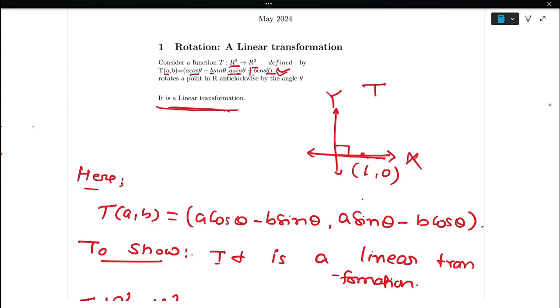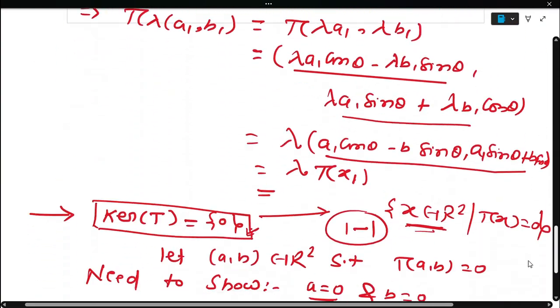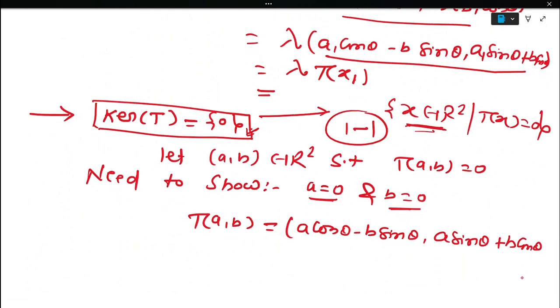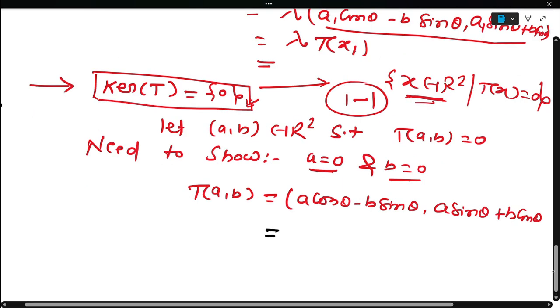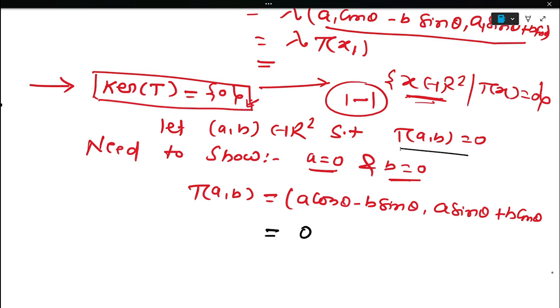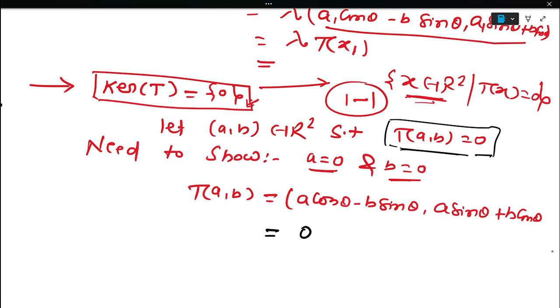Okay, by the assumption we have taken that T of (a, b) is 0, and we will show that (a, b) is the zero vector in R square.